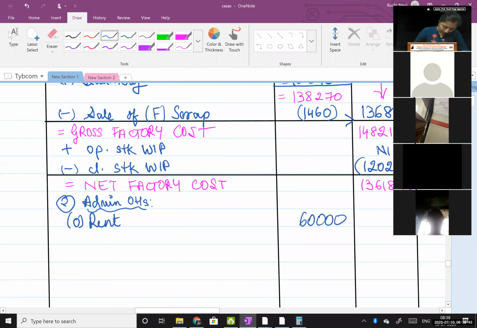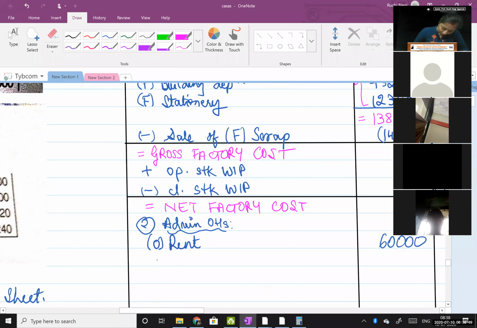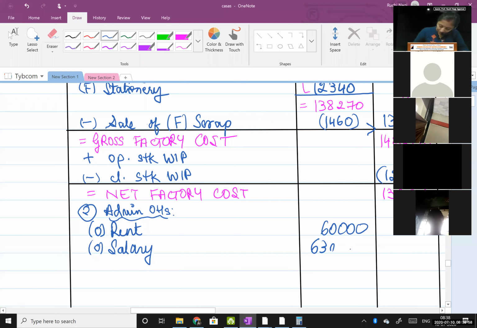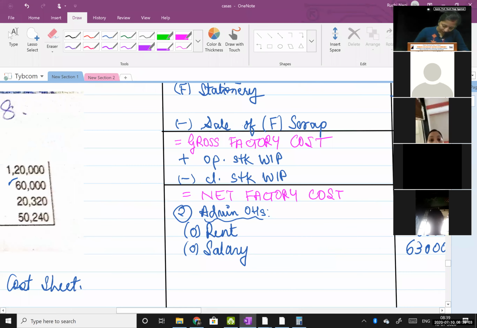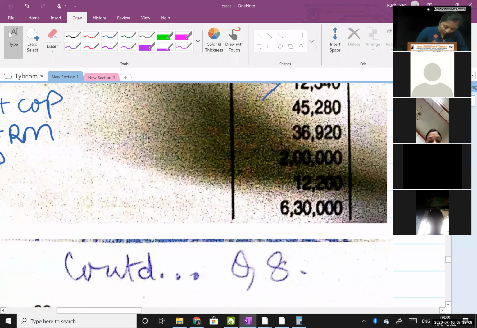Next, staff salary 6,30,000. So office salary 6,30,000. Next, printing and stationery, 12,200.